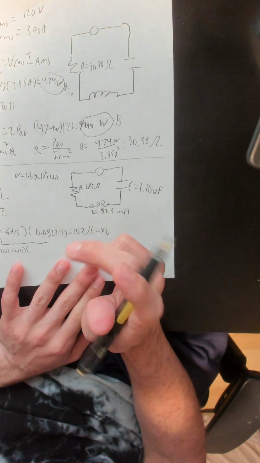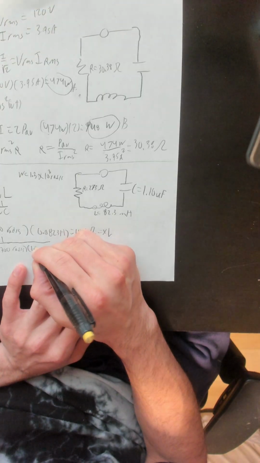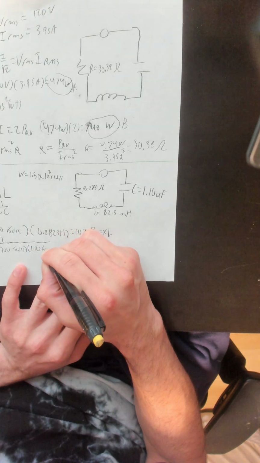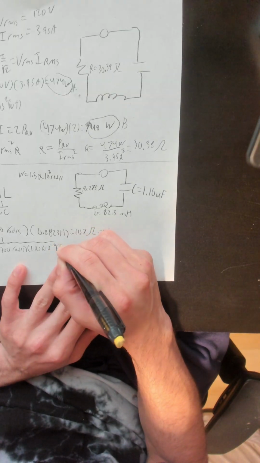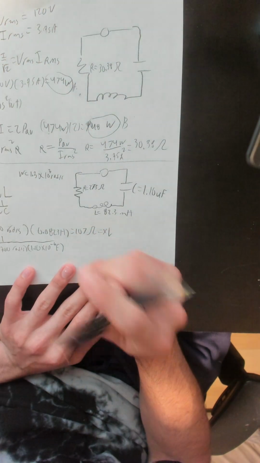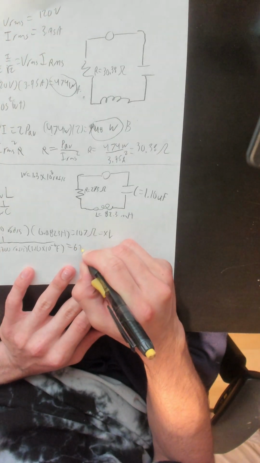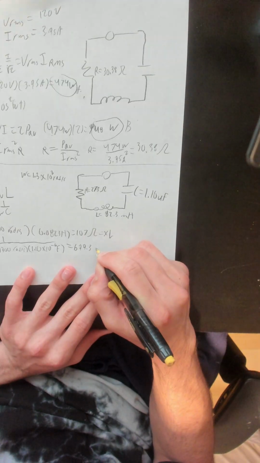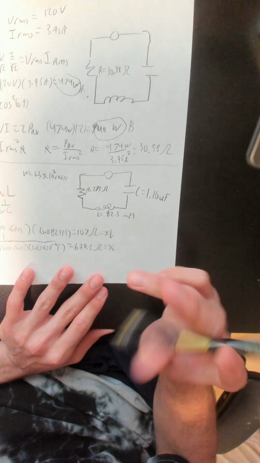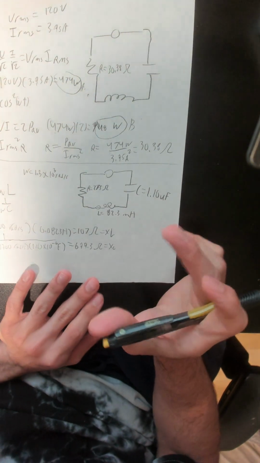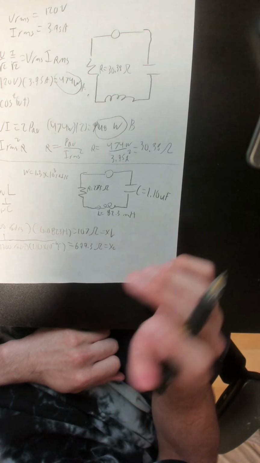It'll also be really small numbers, so 1.10 times 10 to the power of negative 6 F, which will in turn equal about 699.3 ohms of resistance for XC. So that's for part A. Now it's asking to find the phase angle. All right.